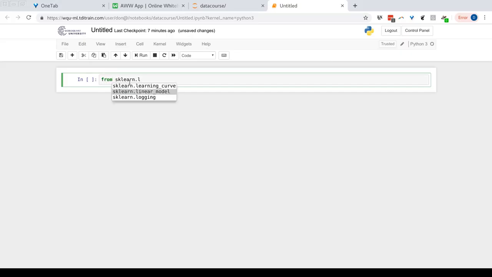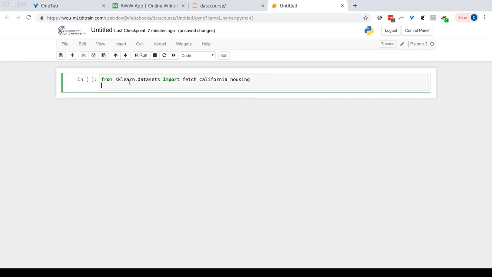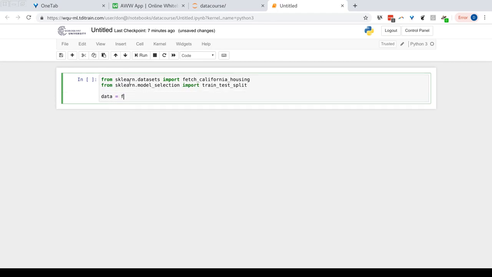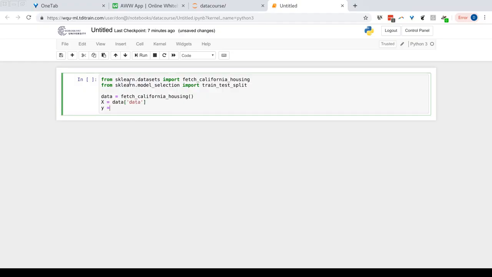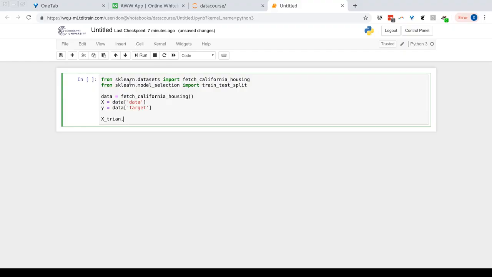So let's import my data set. I can import the California data set. Import model selection, import train test split. Remember, I'm doing this train test split to properly tune the model.